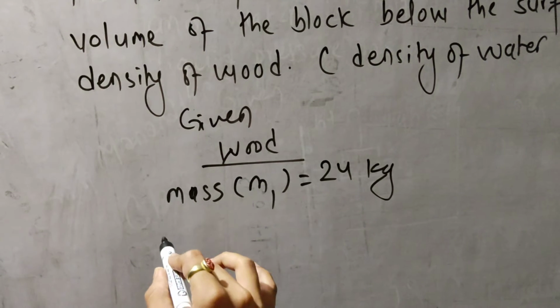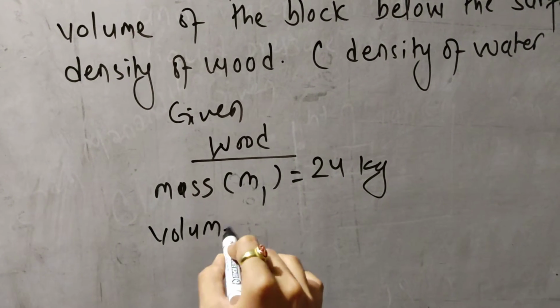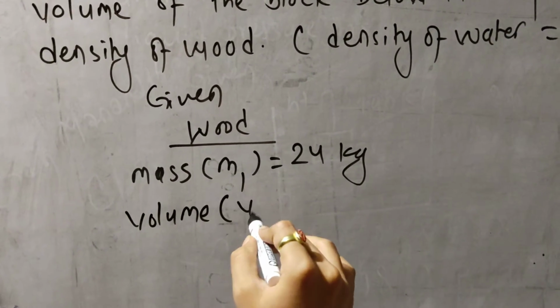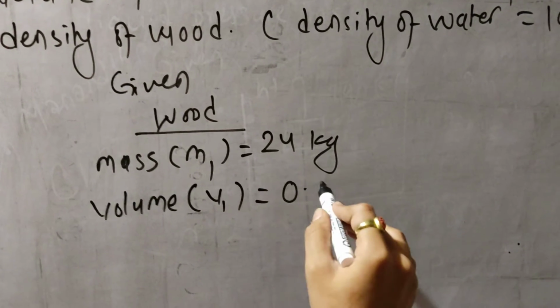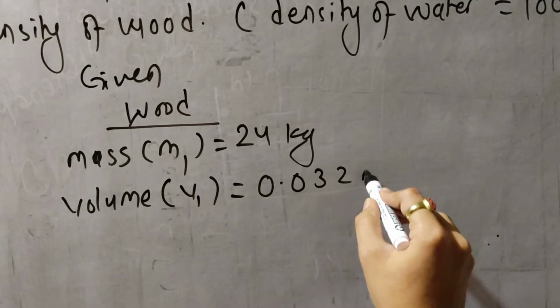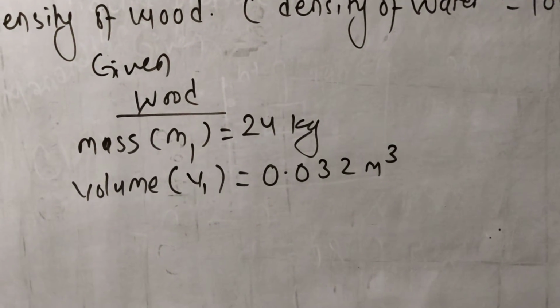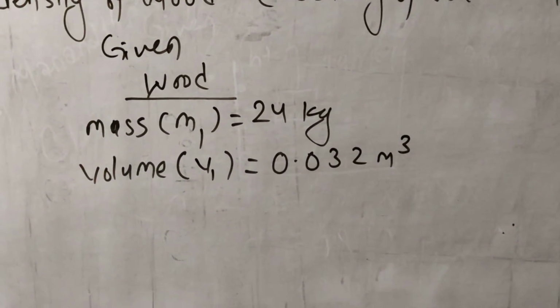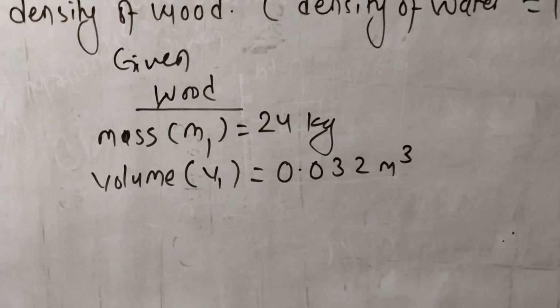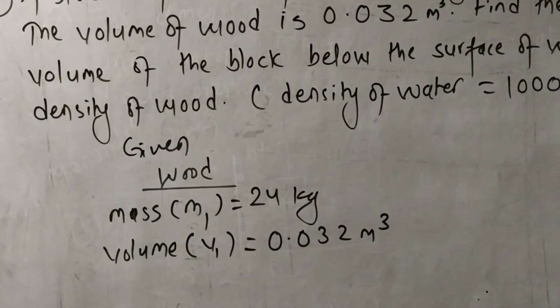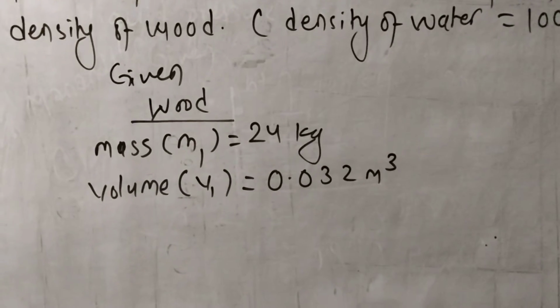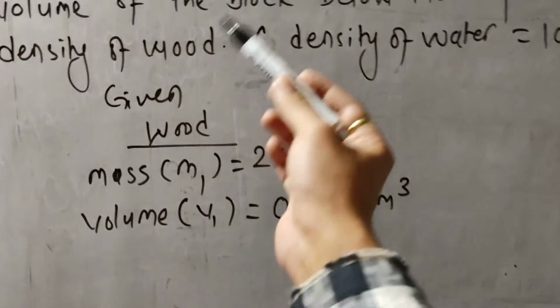Then the volume. If you haven't copied, if you don't have a pen, it's quite difficult. I suggest you take a copy and pen and write the question and answer, which is better. Okay, let's look at the question.